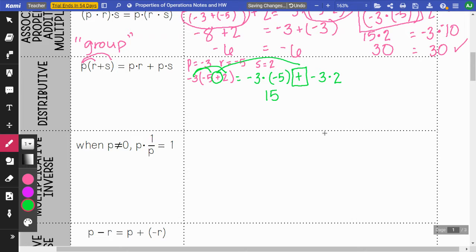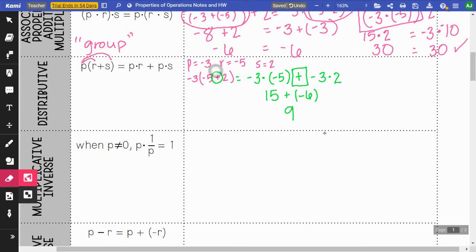And then we have negative 3 times 2 is negative 6. And then 15 plus negative 6 is going to be 9, positive 9.